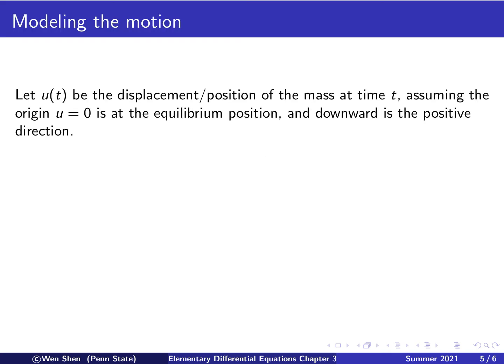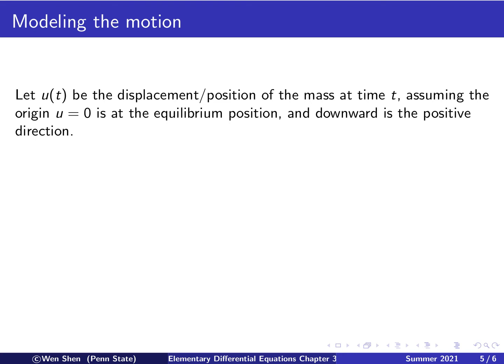We now look at how to set up a mathematical model for the motion of the mass that's hanging on the spring. So let's define the quantity that we will be studying. We call this u, which stands for unknown. The unknown u of t will be the displacement or position of the mass at time t.